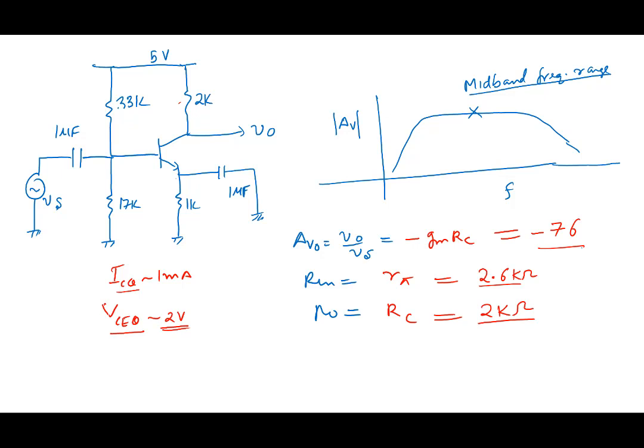Another thing that all of you are in a position to find out is this value here, the 3 dB frequency, FL. We looked at how to find FL. Let's call this capacitor CB and this capacitor CE.